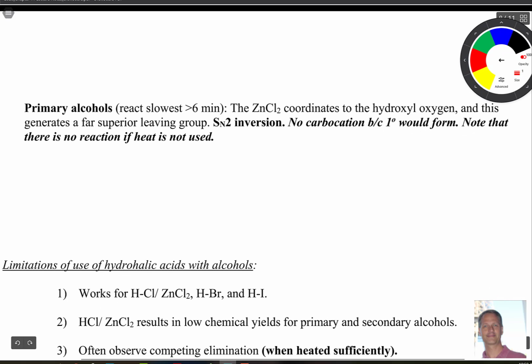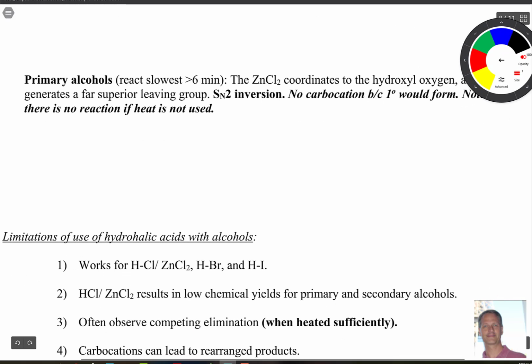So let's look at this reaction with a primary alcohol here. Why don't we take something like this, and let's add to that our ZnCl2. As we go through and do that, we're going to end up having to add some heat for this to occur. Now remember ZnCl2, let's put the N in there.